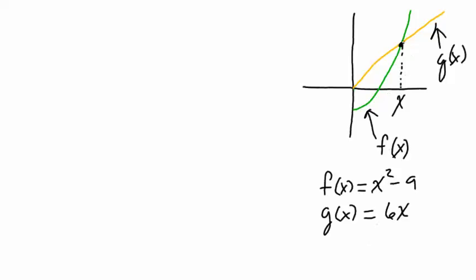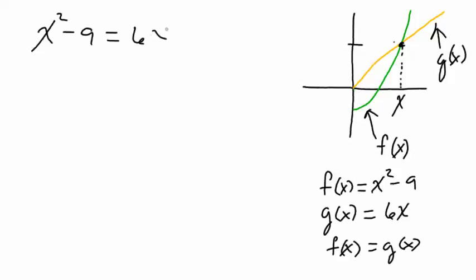To find out where these two are intersecting, you just set f of x equal to g of x, when their two y values are equal, and then we just solve for x in this equation. That's all you have to do. So we have x squared minus 9 is equal to 6x, and then we solve for x.